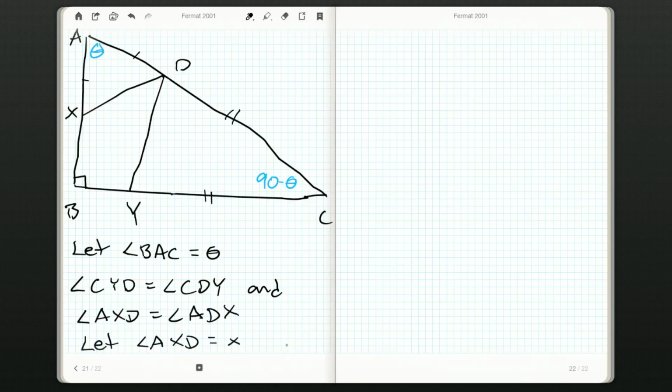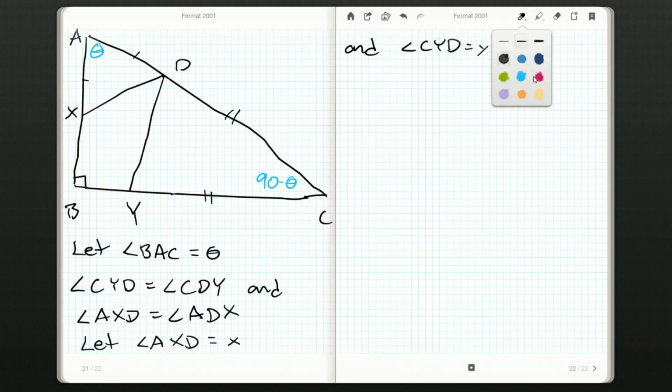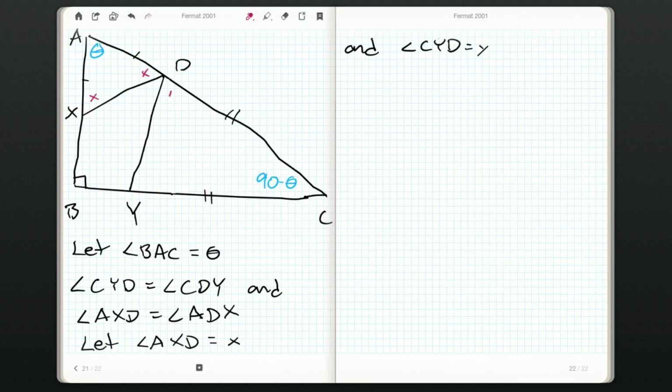So we're going to give these names as well. We're going to call that Y. So we have angle X here, and X here, and we have Y here, and Y here.